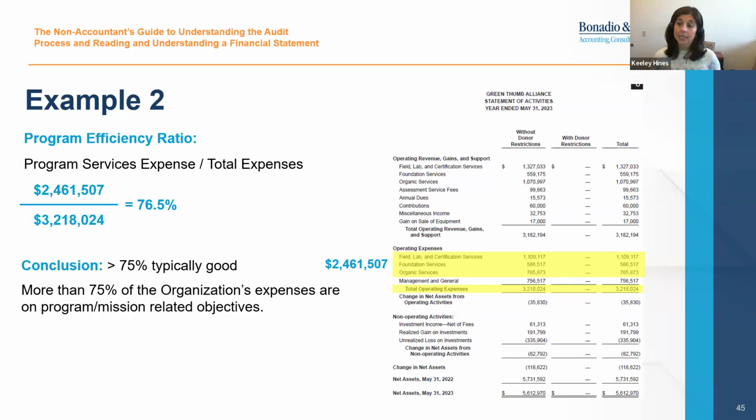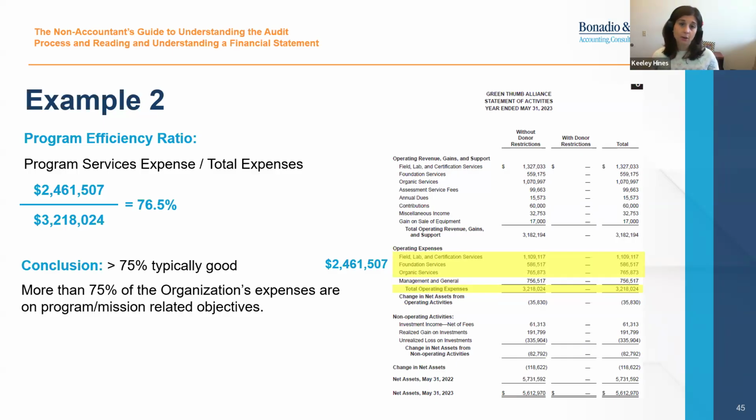So in this case, just over 75% of the expenses are related to program service expenses versus the management in general. So that can give you a sense for, great, we're not just pouring money into overhead and the fact that we're operating a business, we're actually executing a mission through the facilitation of our programs.